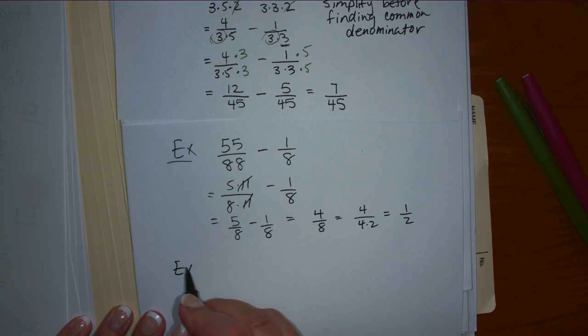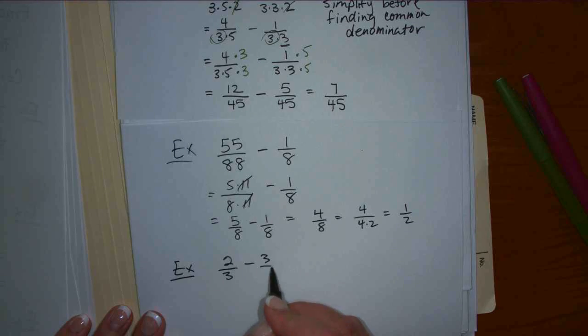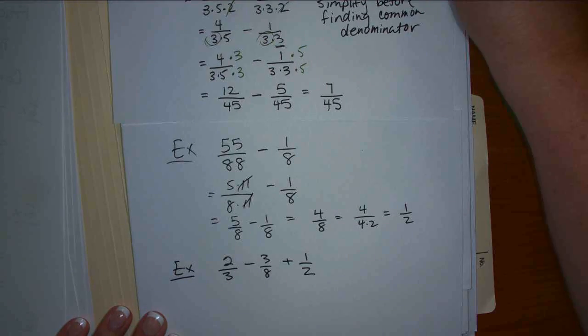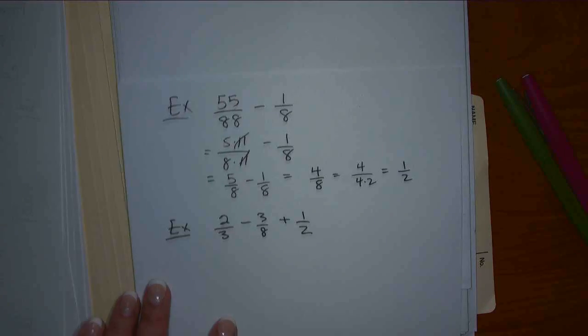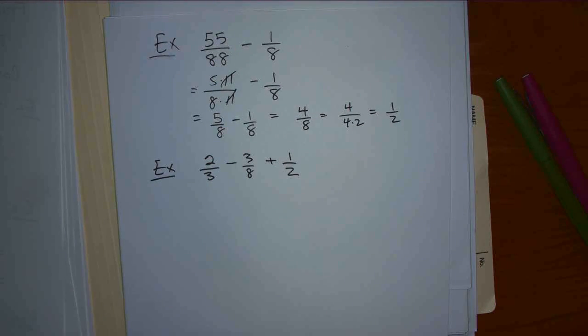Now the same thing works if you have more than 2 fractions. So you need the common denominator for all 3.